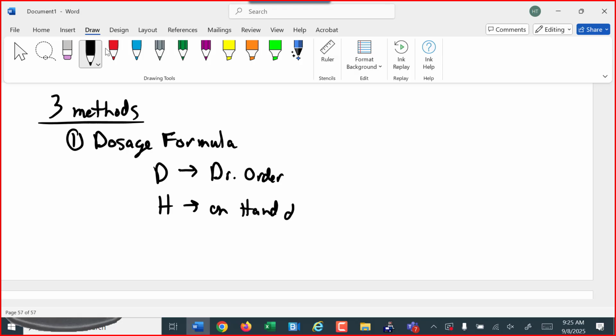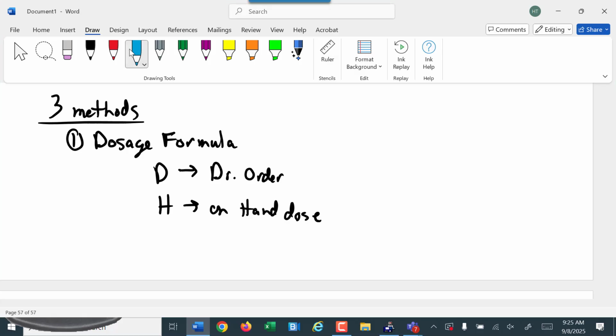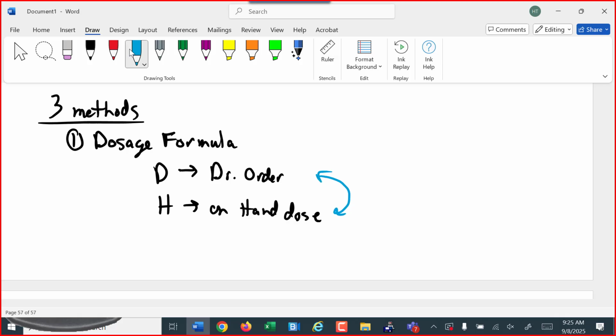And these two, the doctor's order and the on-hand dose, need to be in the same unit for this formula to work. If they're not, we have to convert the doctor's order into the same unit as the on-hand dose.